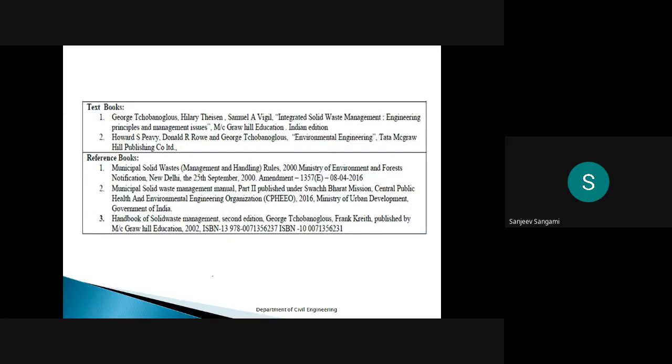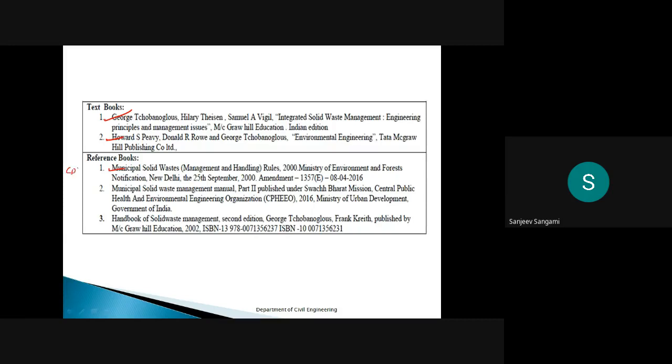Then these are some of the standard textbooks that you have to refer to. That is the Bible, the Pavilion Row. If you open that environmental engineering book, at the end of this book you have separate chapters. Then some reference books, like the one by CPCB, the Central Pollution Control Board.